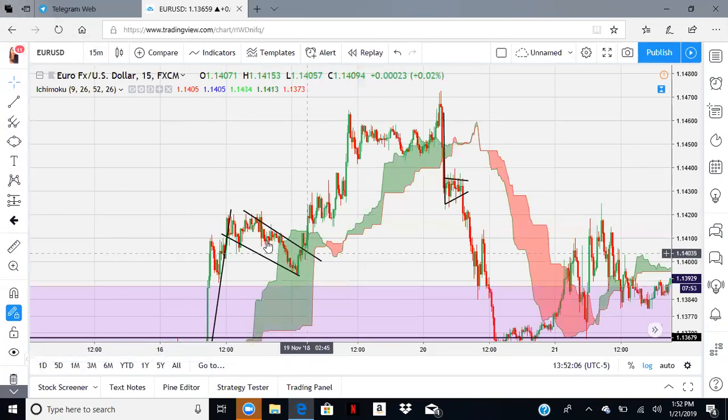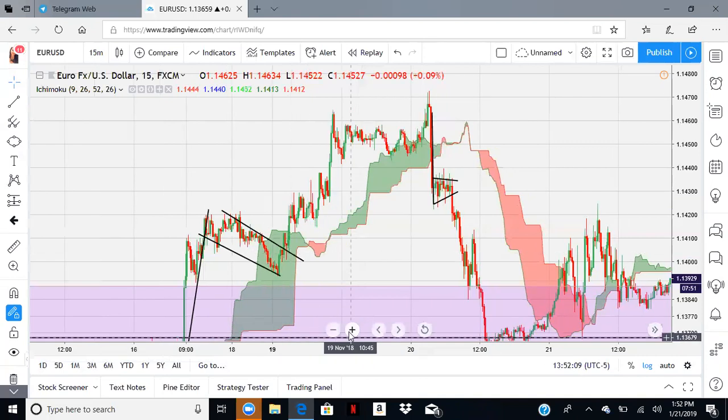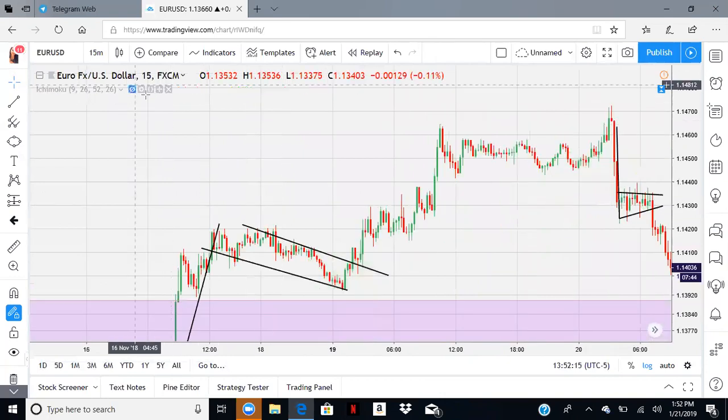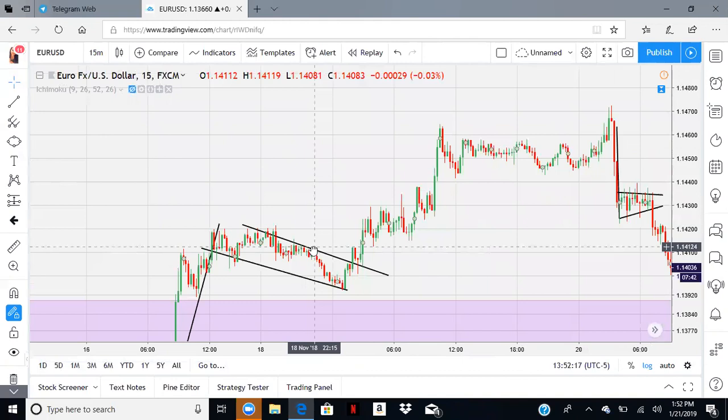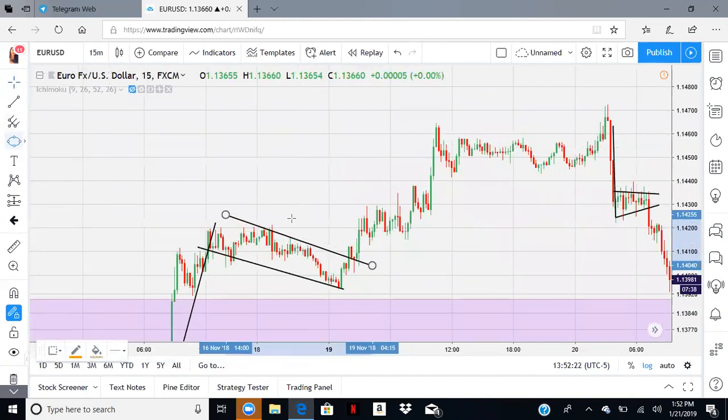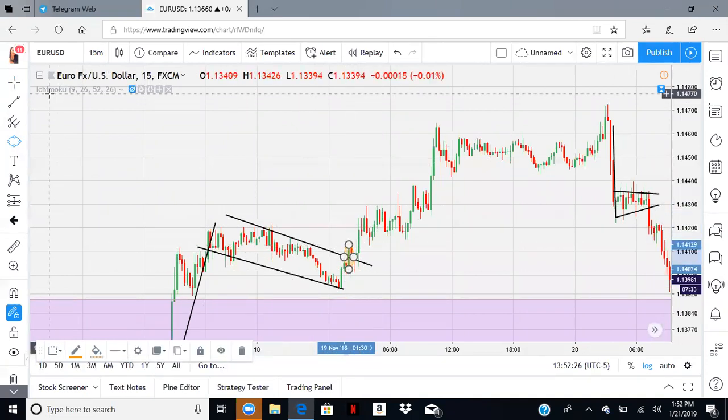So here again, whether you entered just off of market structure, right? Because without the cloud, I can see where I trapped price. This candle right here is the green candle that broke out and closed above, right?